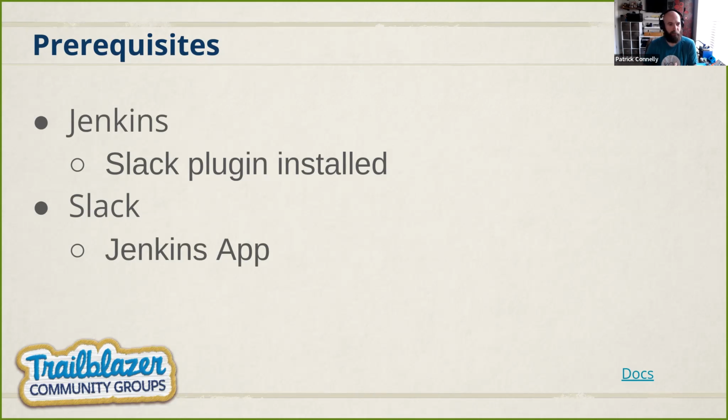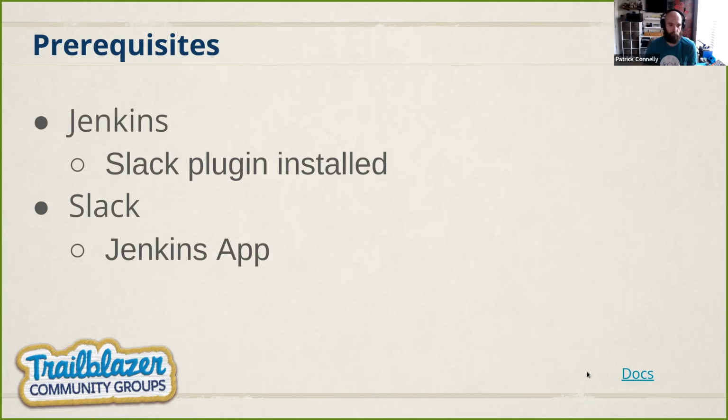In order to use these, you have to have Jenkins, obviously, with the Slack plugin installed. And then you have to have Slack with the Jenkins app installed. I'm not going to talk about how to do those. I have a link on this, and I will share out a PDF version of this, or have Amber email everybody out, but there is some documentation around how to do those two things.